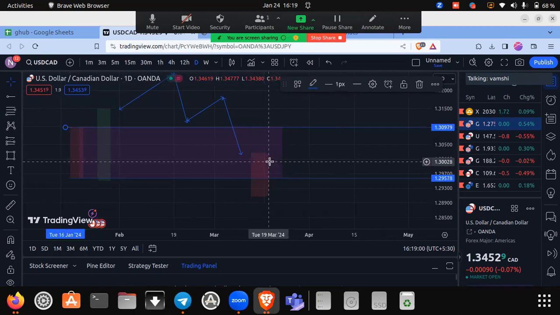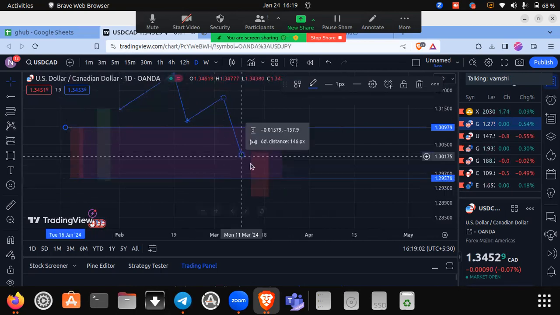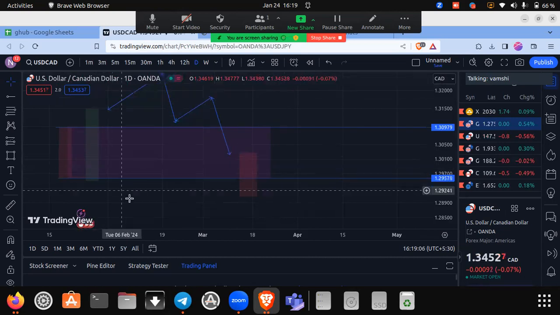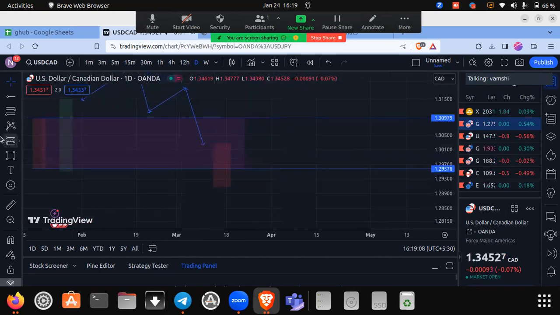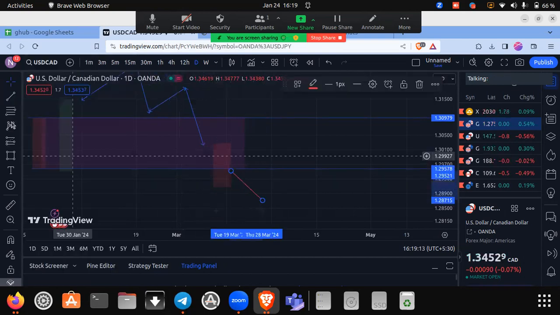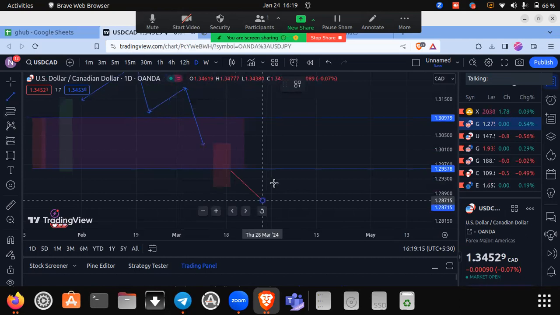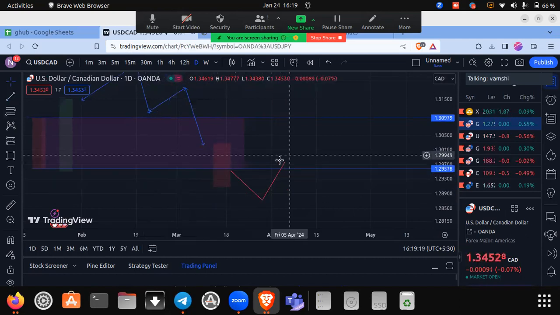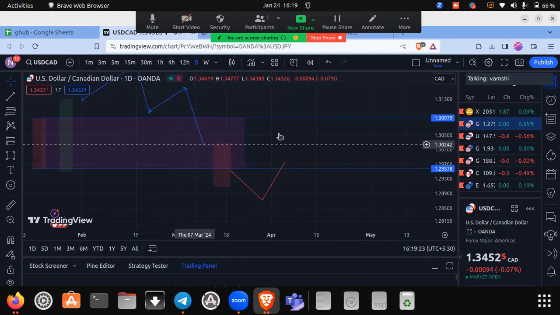And if a red candle closes below it, it will become an engulfing buy fail zone. Now, this zone is used for selling opportunities. When the market retests this zone, we will search for selling confirmations and we will take sell trades from this zone.